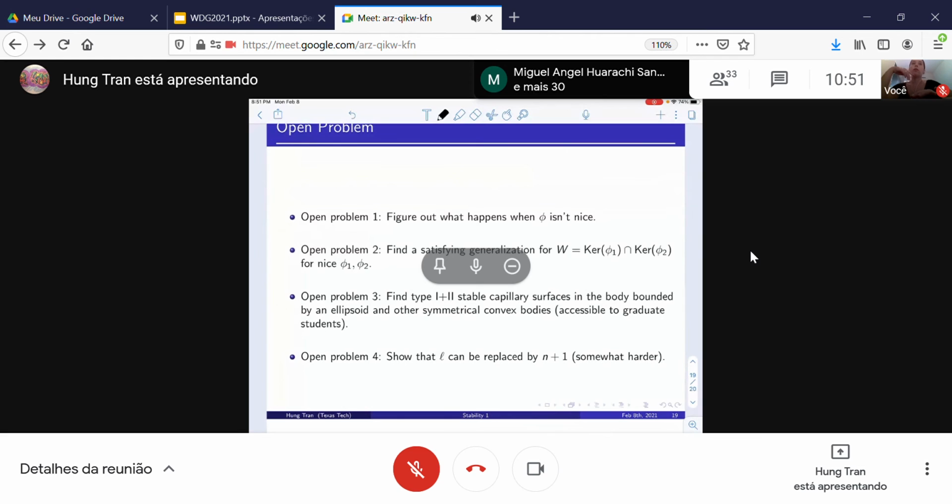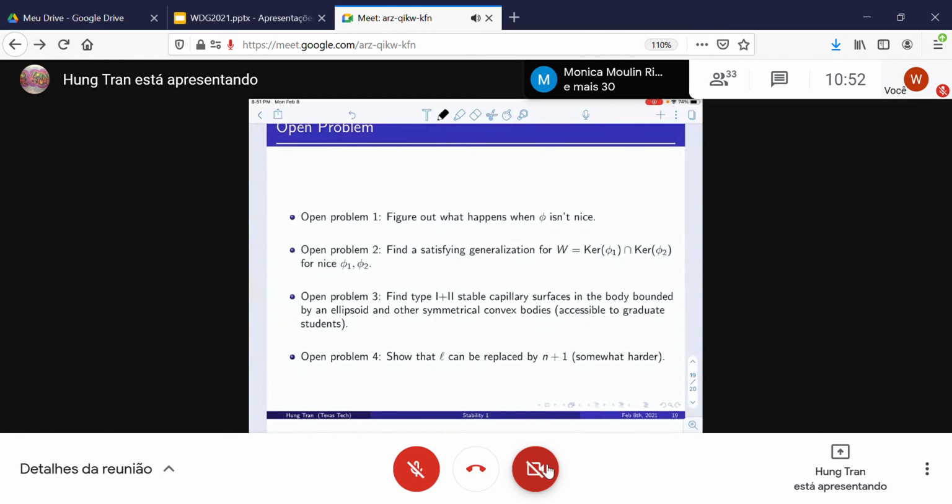So the first open problem is to figure out what happens when the functional here isn't nice. As I said earlier, from the geometrical point of view, the niceness assumption is on the constraint, and normally when we consider interesting problems, the constraint is nice, so this is always applicable for geometrical consideration.